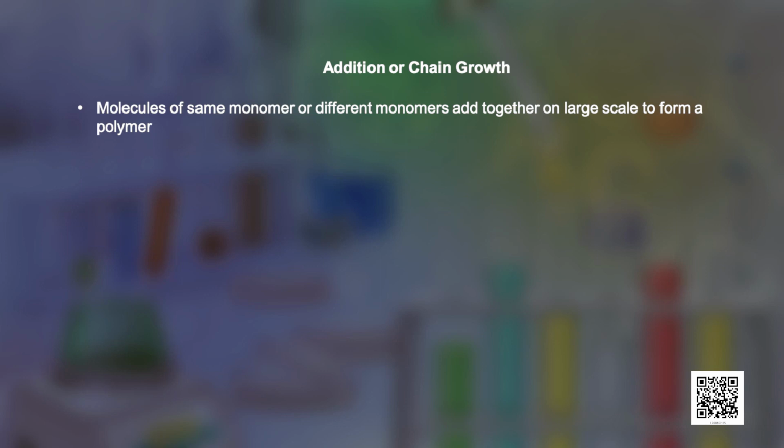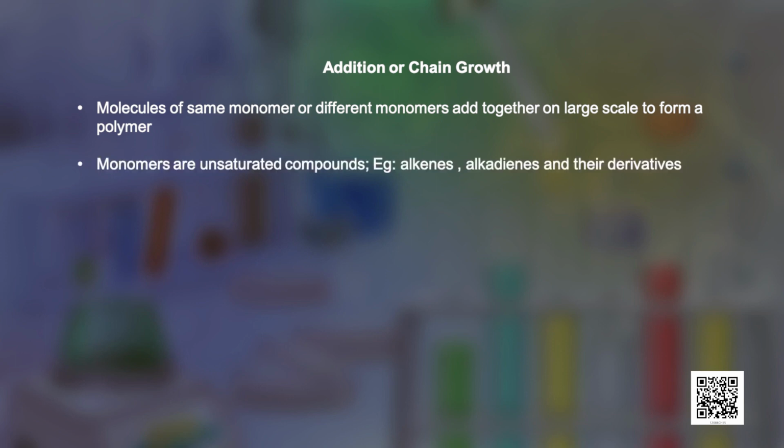Here the molecules of the monomer or different monomers add together on a large scale to form a polymer. The monomers used are unsaturated compounds, mainly alkenes or alkadienes and their derivatives.